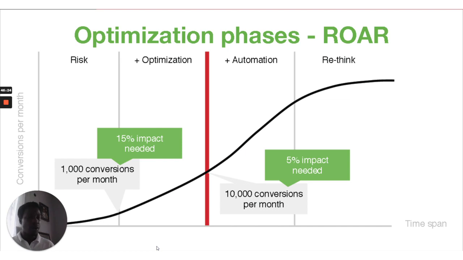So you run that experiment when you have gathered, as you can see, it's a graph that is growing, right? When you have gathered that kind of conversions, you do an A/B test to see whether you will have a 5% impact or 5% difference, and then you have a rating stage later on as you grow beyond 10,000 conversions per month. So usually we used to run on it.